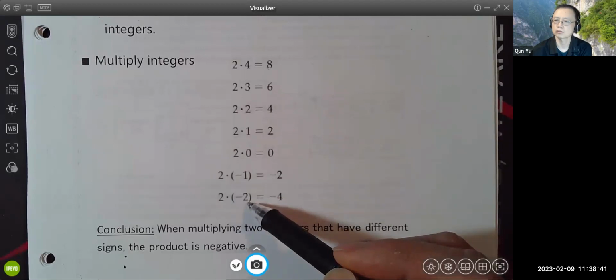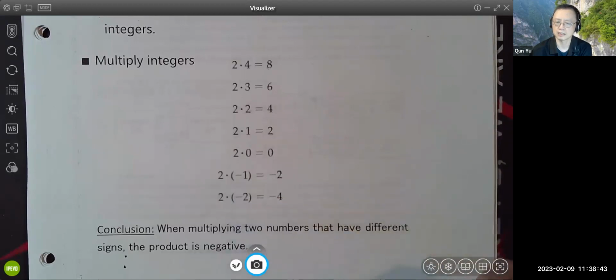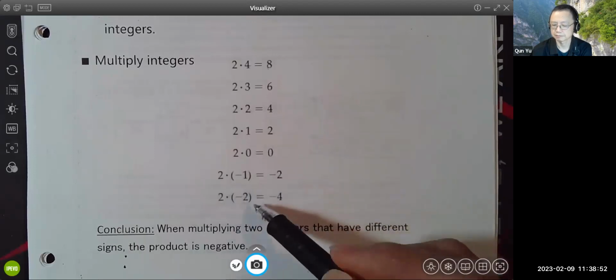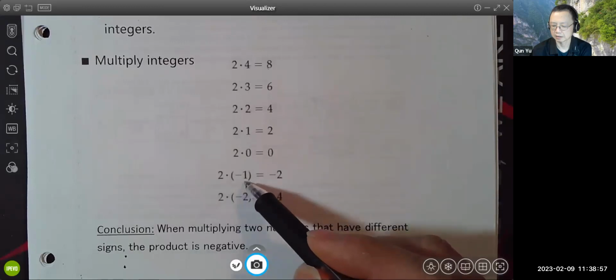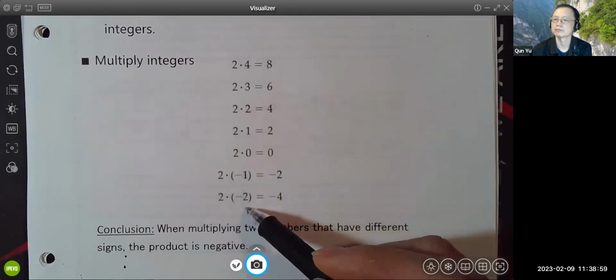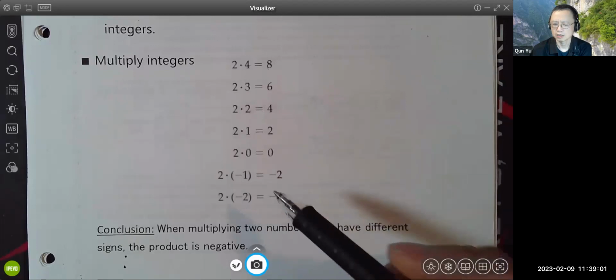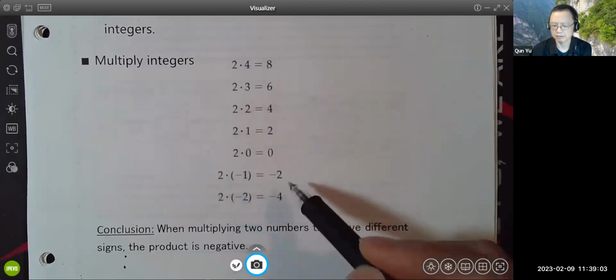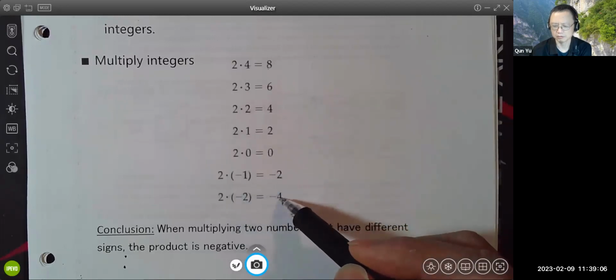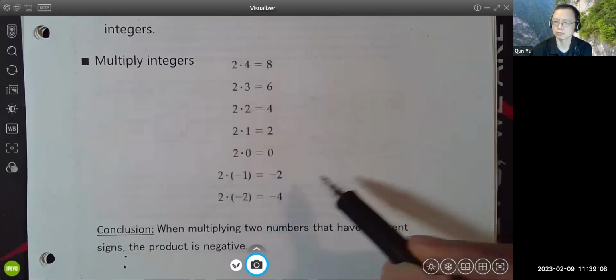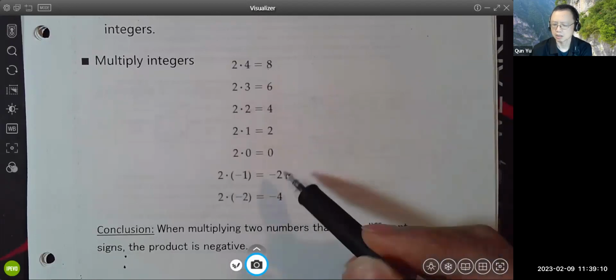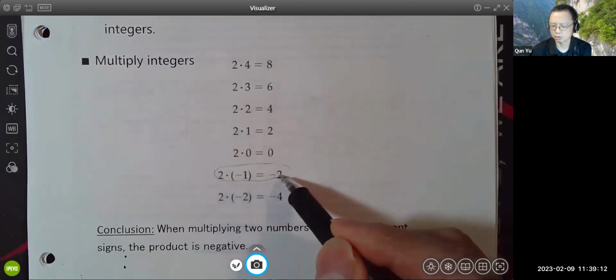We know -2 is 1 less than -1 because on the number line, -2 is to the left of -1. More importantly, for negative numbers, the bigger the size, the smaller the value. That is true. So we reduce by 1 again, we are going to reduce by 2 in the result. From -2 to -4 is reduced by 2. Now, here is a conclusion.